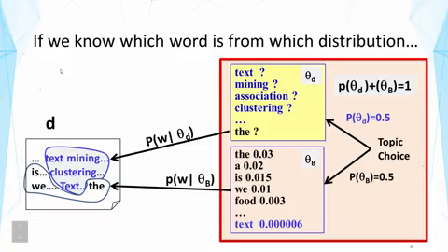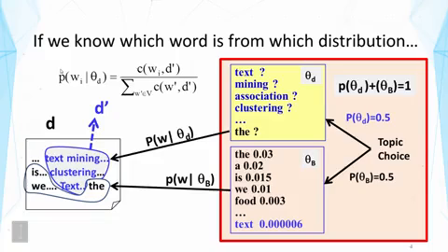If we already know how to separate these words, then the problem of estimating the word distribution would be extremely simple, right? If you think about this for a moment, you'll realize that we can simply take all these words that are known to be from this word distribution theta sub d and normalize them. So indeed, this problem would be very easy to solve if we had known which words are from which distribution precisely. And this is in fact making this model no longer a mixture model, because we can already observe which distribution has been used to generate which part of the data.